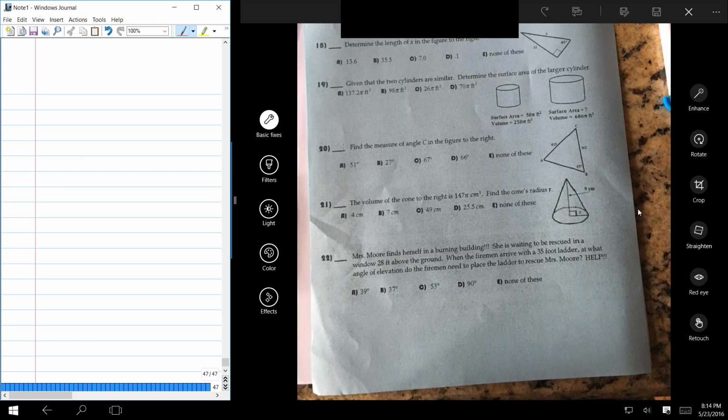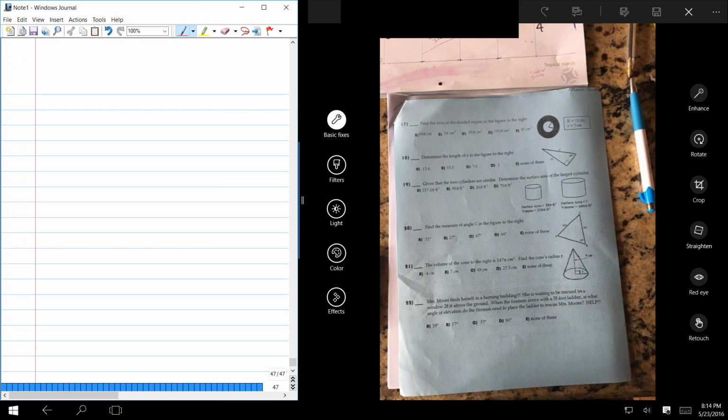Which one are you going to use here? How do you tell if it's cosine or sine? Well, to use the law of sines, you have to have an angle and its opposite side relationship. Look at that triangle. What's this angle here? 63.